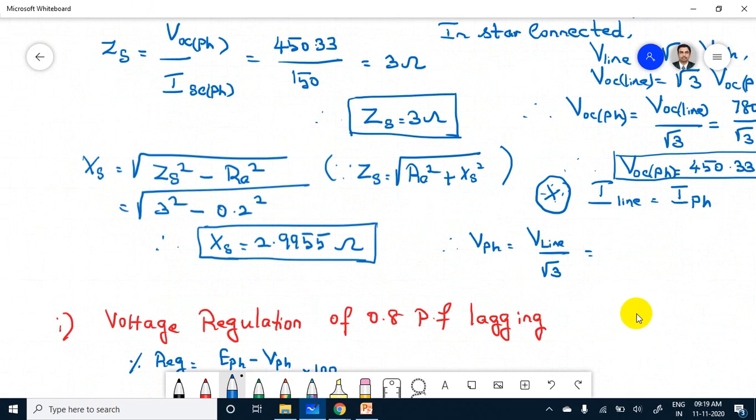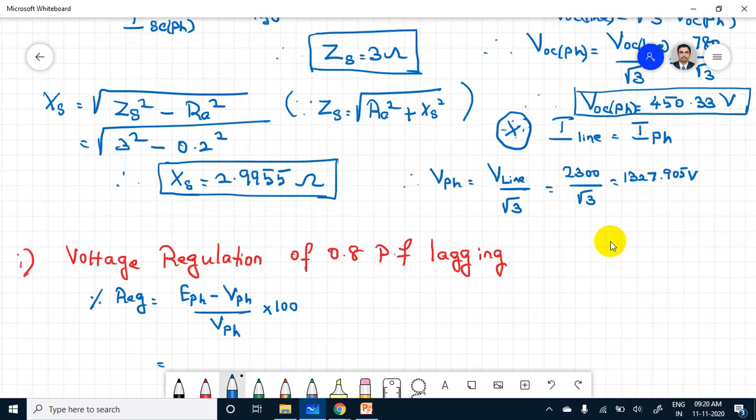So 2300 divided by √3, what is the answer, students? 1327.905 volt. Understood?